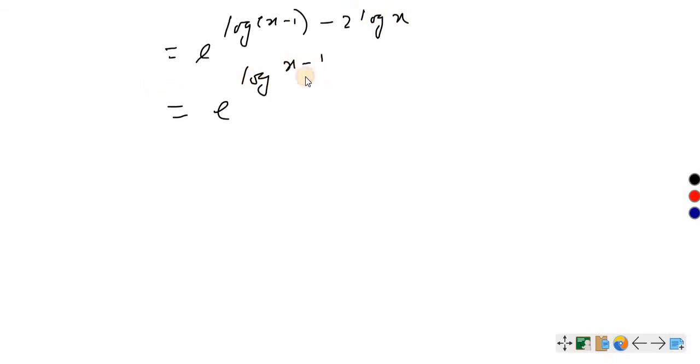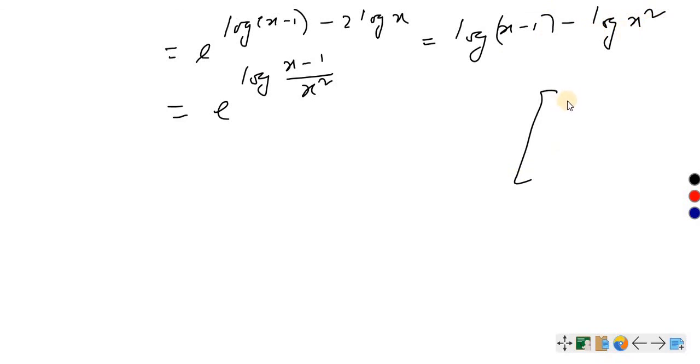Then this will be equal to e to the power, after integration, log(x − 1) − 2 log x. This can be written as e to the power log((x − 1)/x²), since it is log(x − 1) − log x².